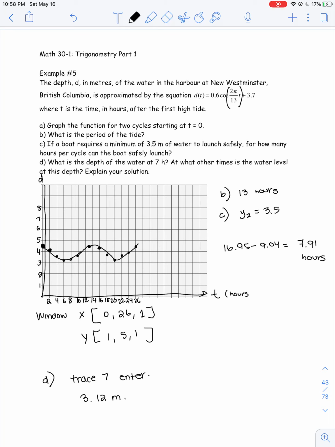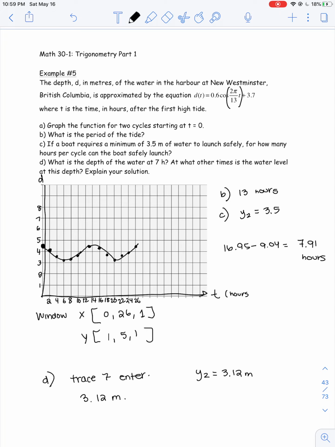At what other times is the water level at this depth? So again, we can make y2 in this case 3.12 meters, and see where that happens. So change your y2 to be 3.12, and then you just want to find any intersection that occurs.